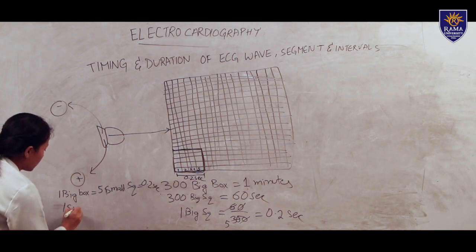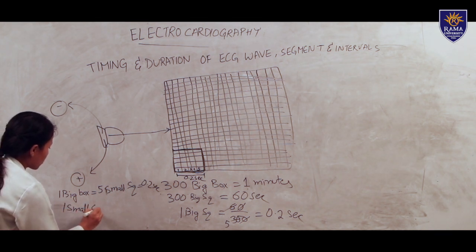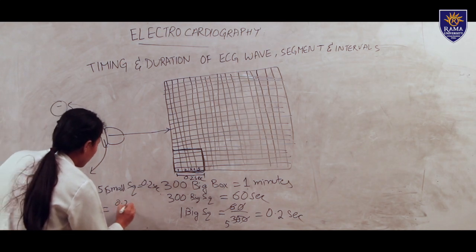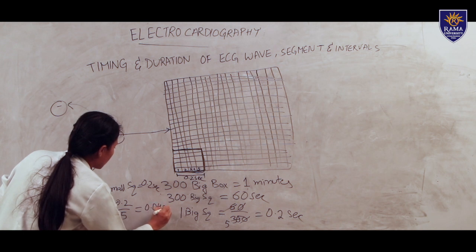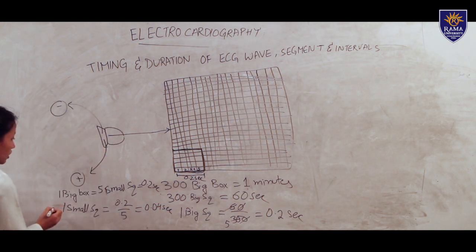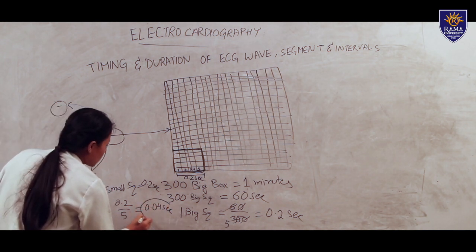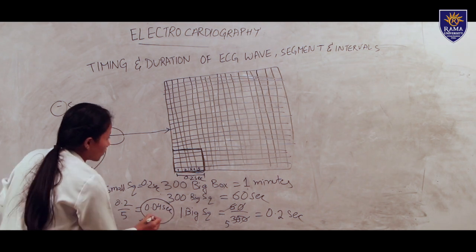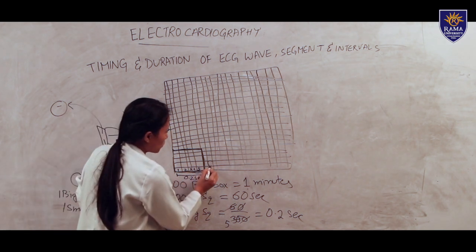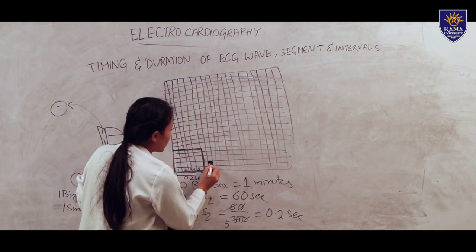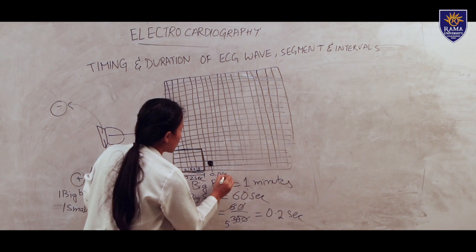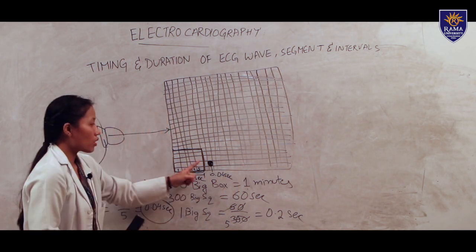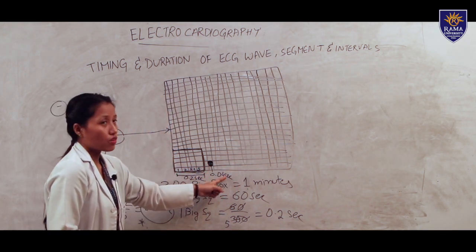Then 1 small square box is equal to 0.04 seconds. This is the thing we have to remember. The duration of one small box is 0.04 seconds.